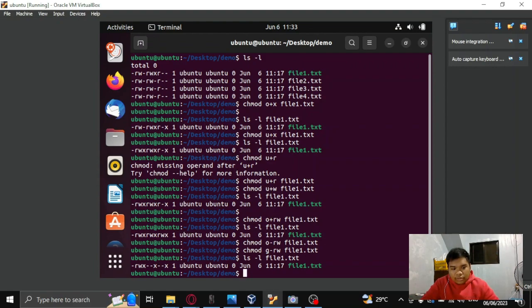Now only the user is allowed to read and write this file.